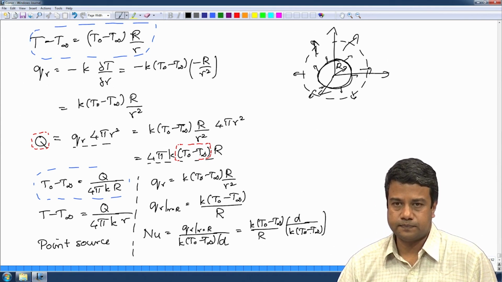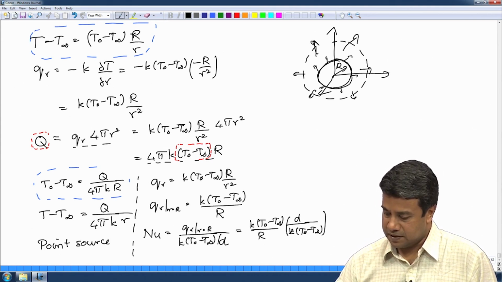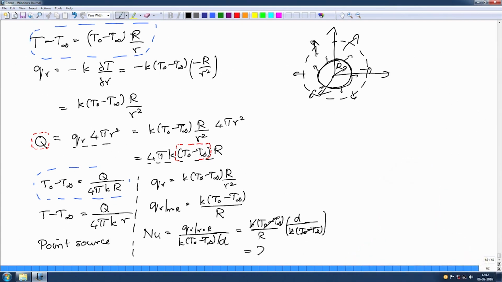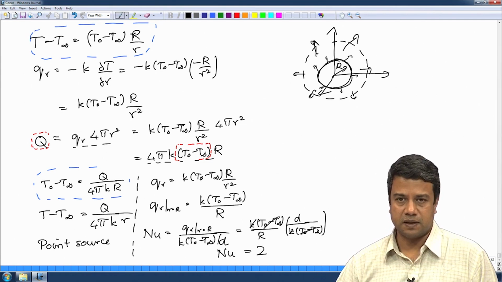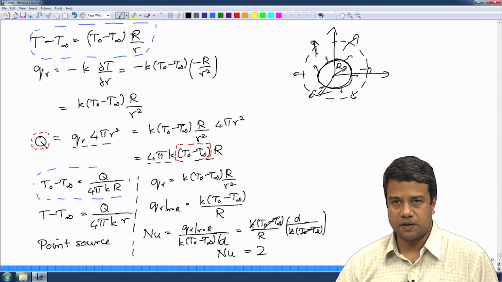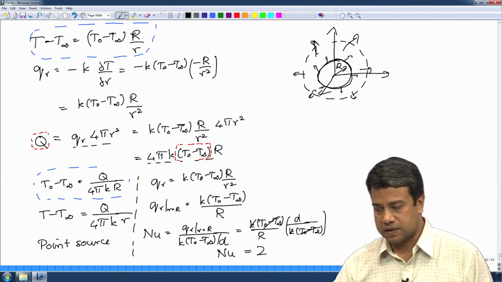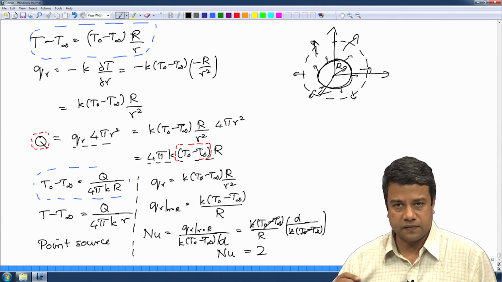You can see everything cancels out. The ratio of diameter and radius is just 2. So, this gives us the expression for the Nusselt number when the transport is dominated by thermal diffusion. When the transport is dominated by thermal diffusion, the Nusselt number is identically equal to 2, because transport is only due to diffusion for a spherical particle.